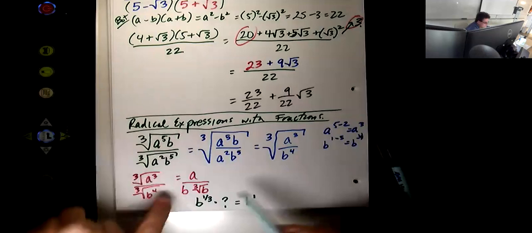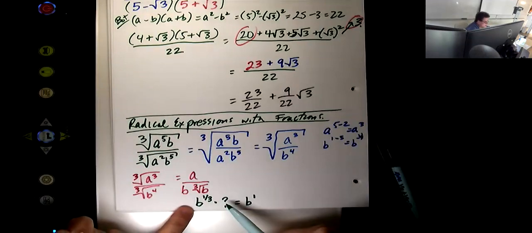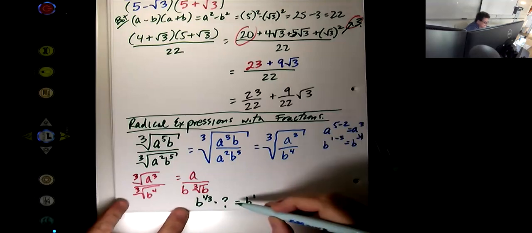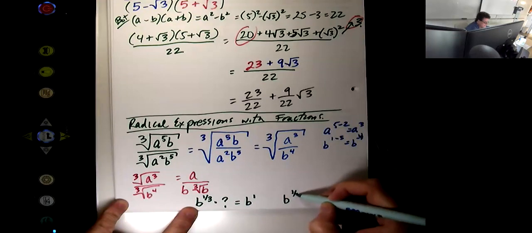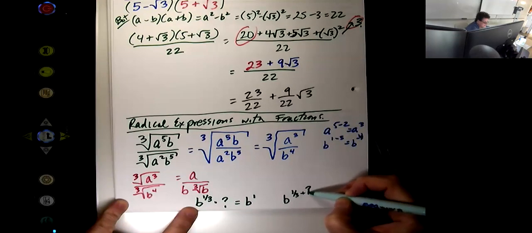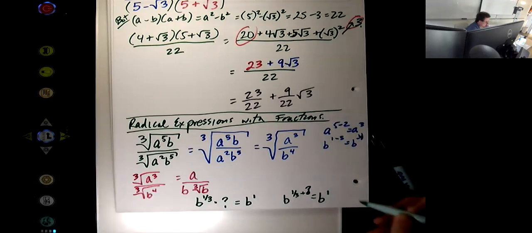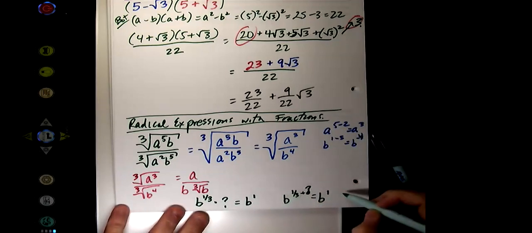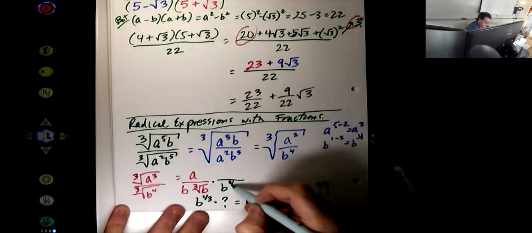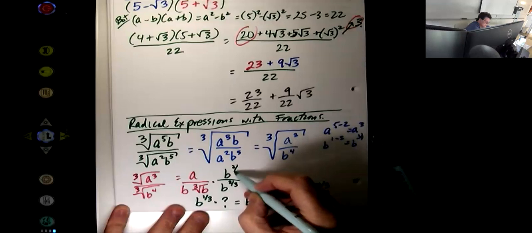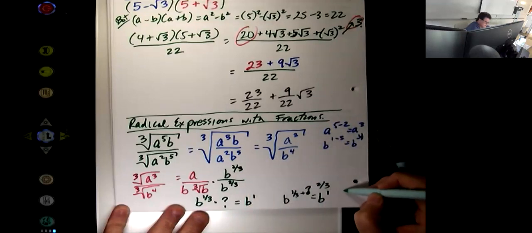But if I multiply by cube root of b here, I don't have enough. Remember, the exponents have to add here. So this is like b to the 1/3 plus what equals b to the 1? Plus 2/3. So I need to multiply this by b to the 2/3 over b to the 2/3, which is cube root of b squared.